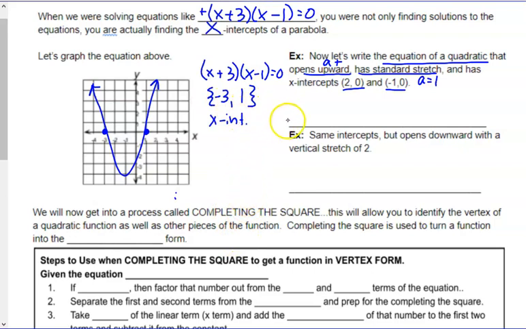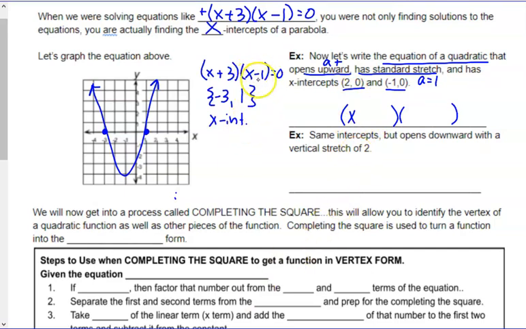So, in a sense, we're going backwards. If I have 2 and -1, we have to think about what I have to have in my binomials in order to make 2 and -1 roots. So what has to be inside each one of these? I need x minus or plus what to give me 2 as an answer that kicks out?